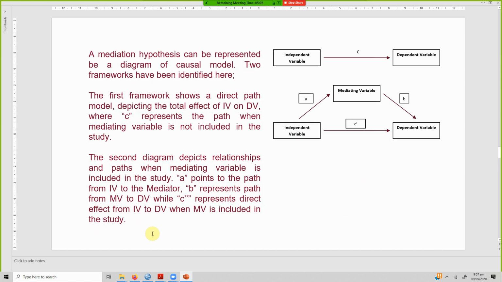So this is the concept of variables: an independent variable, dependent variable, moderating variable, and mediating variable. The dependent variable is our primary variable of interest, the one that is affected. An independent variable is one that influences the dependent variable.